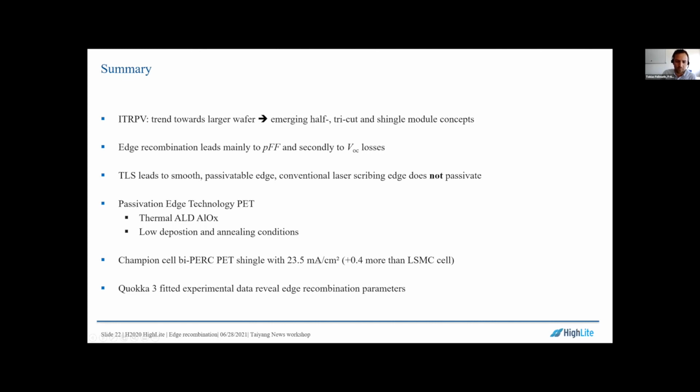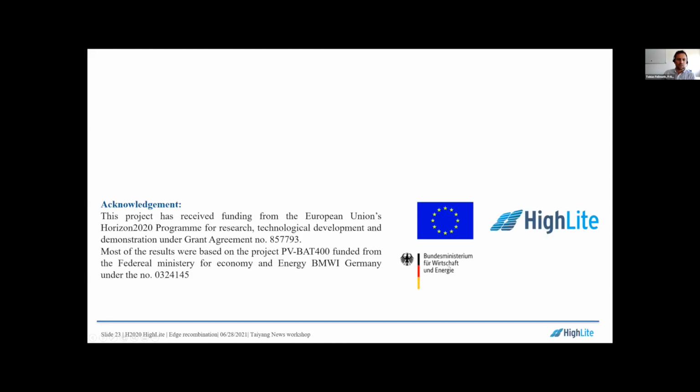Oh, this is wrong. Milliwatts should be milliwatts per square centimeter. And with the edge recombination properties, we can be using Coca3 and PL fitting mechanisms to reveal the edge recombination parameters. All right, thank you for your attention.